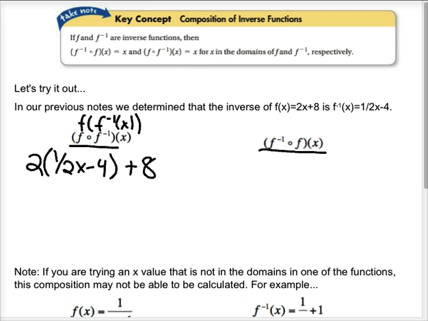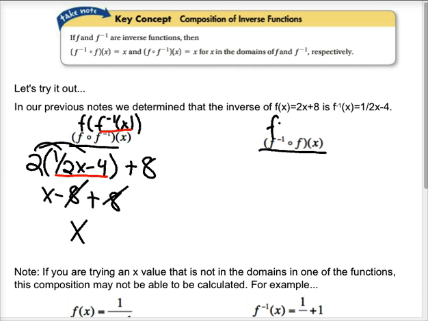All right, I put the inverse into the original function. Now to clean that up, I'm going to distribute that 2. So I get x minus 8 plus 8. Huh, look at that. I just got x, which my key concept was telling me is what I should expect, because this is a function and an inverse that we already knew about from yesterday's notes.